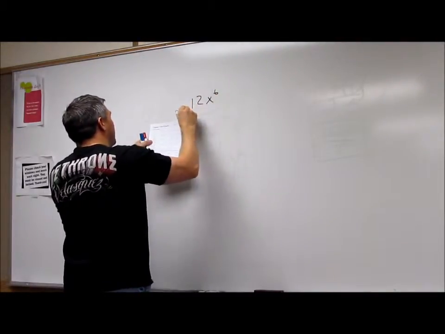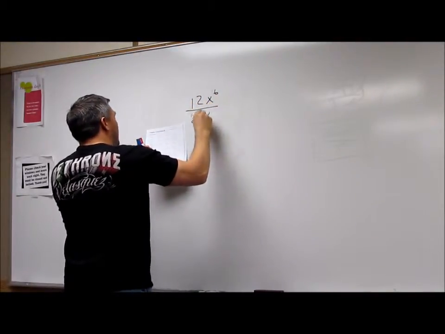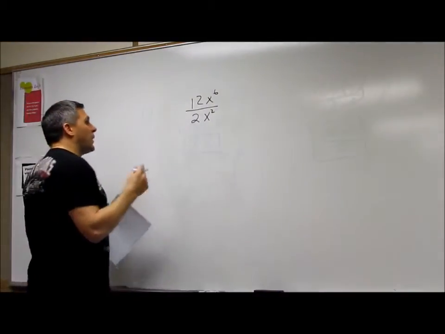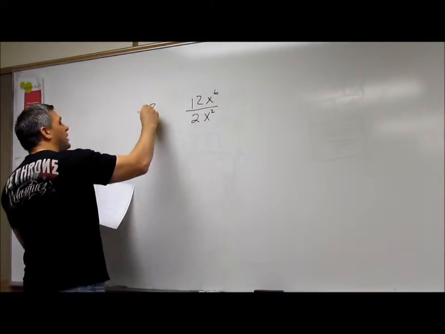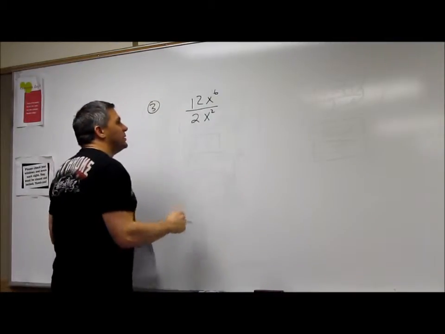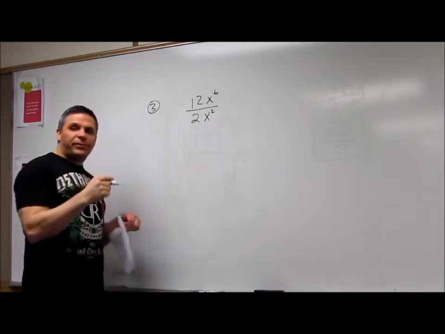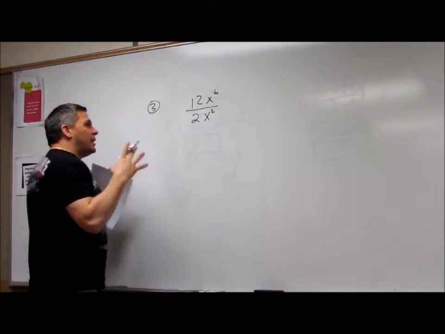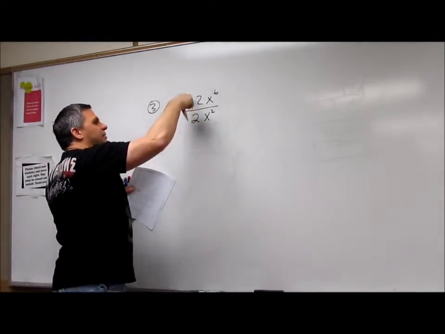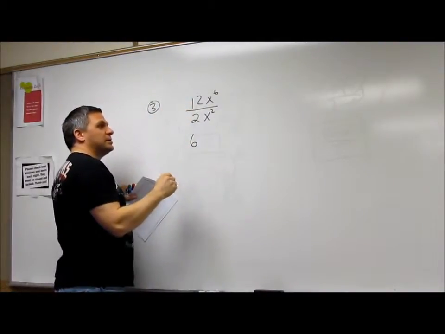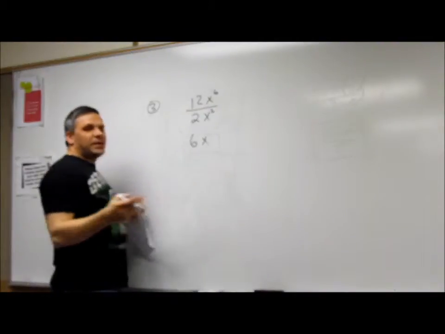Alright, then we come to 3. 12x to the 6th over 2x squared. So this is problem number 3. Now, I'm going to do the math, just like I did before. The math is 12 divided by 2, which is 6. And the x is divided by the x's.